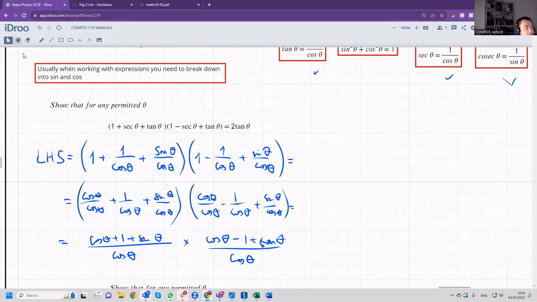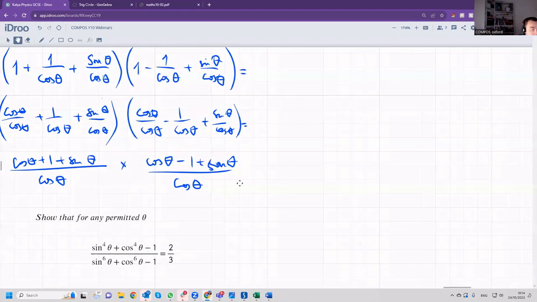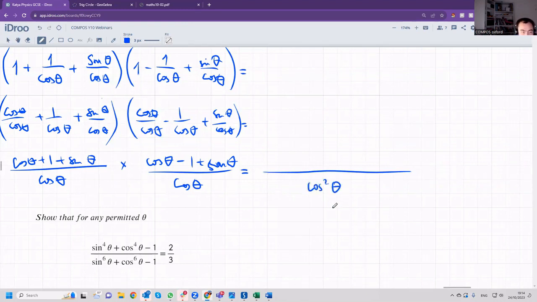Now, using the rules of multiplying fractions, I multiply the denominators, and that's going to be cosine squared theta. And on the top, I have cos theta plus 1 plus sine theta multiplied by cos theta minus 1 plus sine theta.